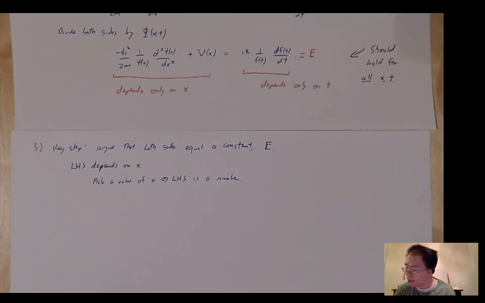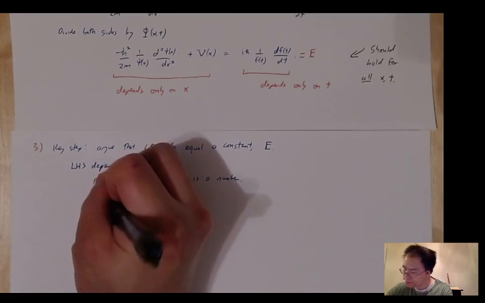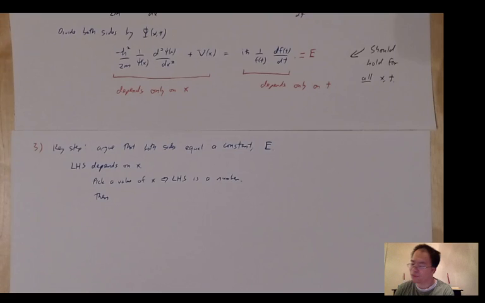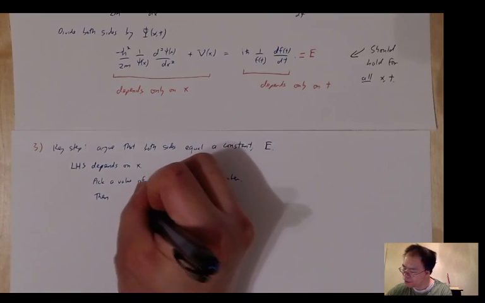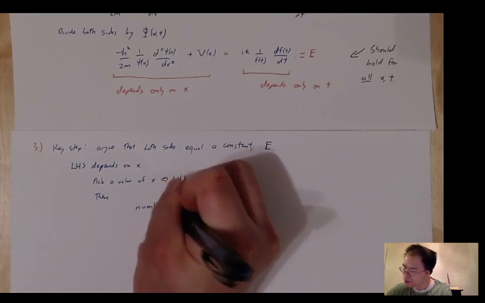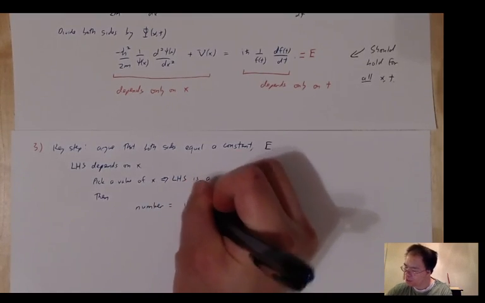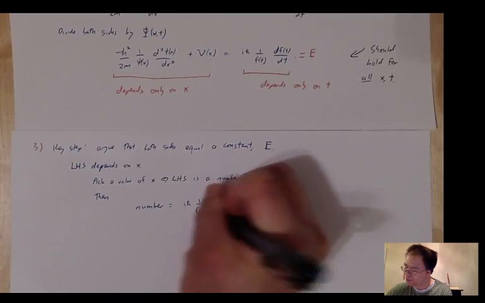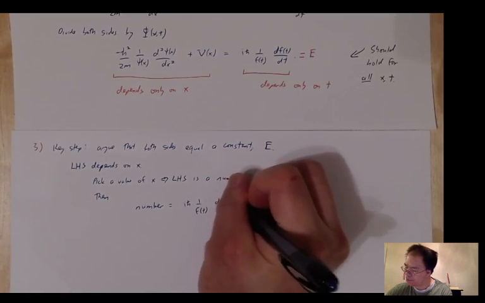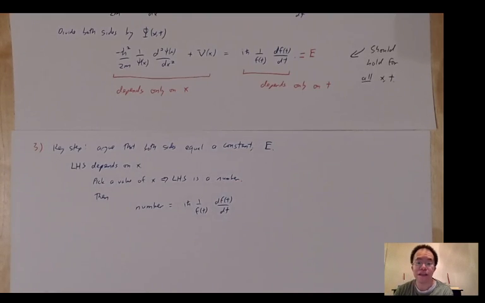What we have is then a number. That number is going to be equal to i h bar 1 over f df dt. This is now a first-order differential equation for f that you know how to solve.